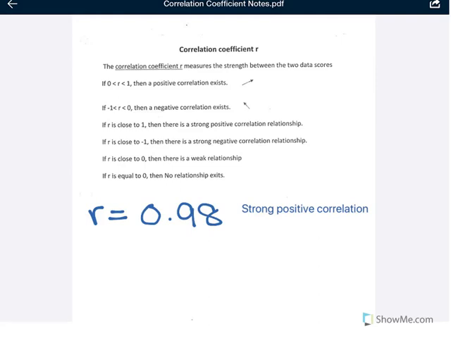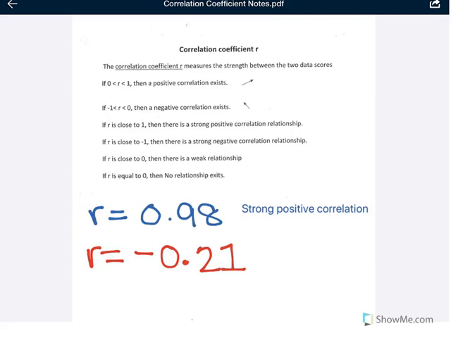Now, if we have an R value that is negative 0.21, well, if it's negative, we know that it's a negative correlation, and because it's more close to 0 than it is to -1, then it's going to be weak.